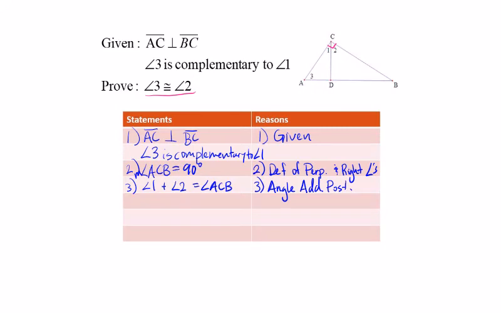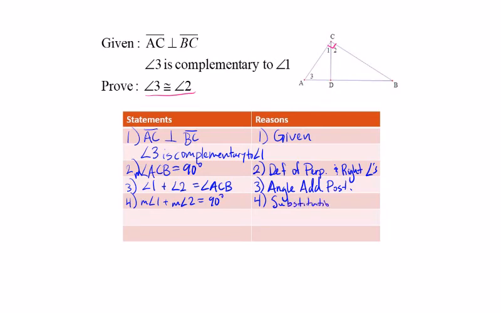Okay, and with that being the case, we can say that the measure of angle 1 plus the measure of angle 2 equals 90 degrees, right? And we can just say substitution there. We substituted 90 for ACB, and then just the measures of 1 and 2, which we don't know. So substitution.